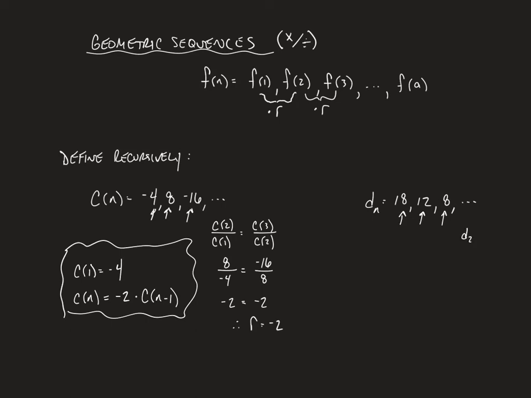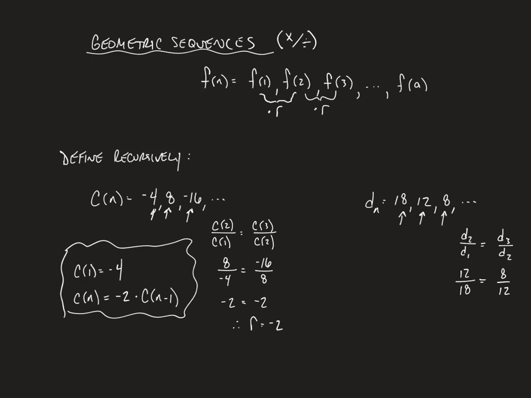So I'm going to test to see if the second divided by the first is the same as the third divided by the second. And the reason I'm using division and not subtraction is because I suspect that it's geometric, not arithmetic. And if it's geometric, that means multiplication or division. So I'm going to set this up here. That's going to be 12 divided by 18 and 8 divided by 12.